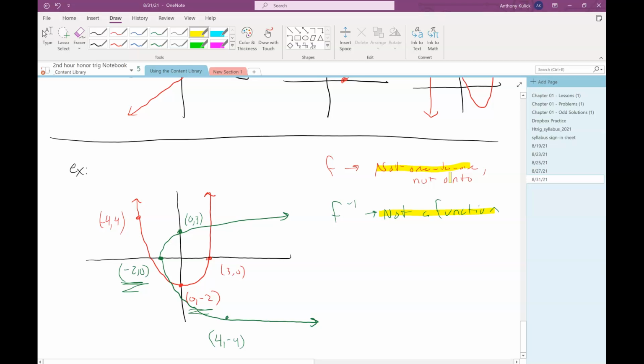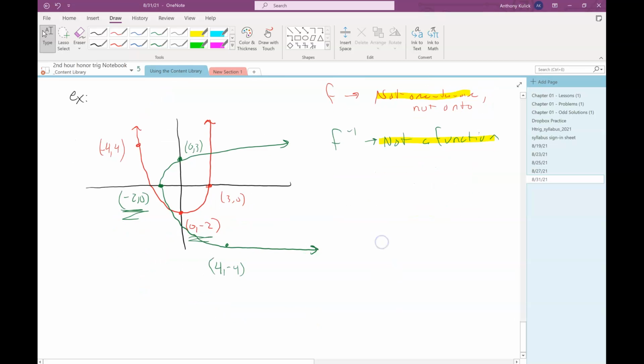Everybody agree with that? So immediately I can tell that if f is not one-to-one, then f inverse is not a function.